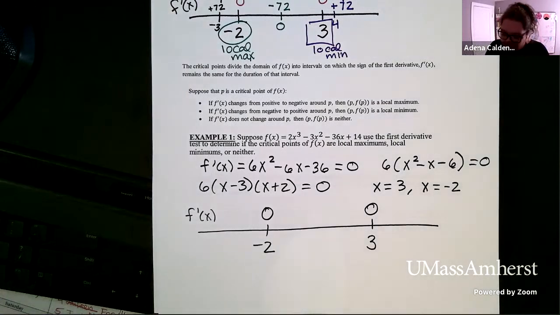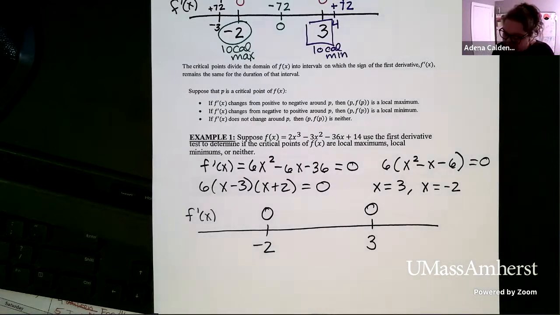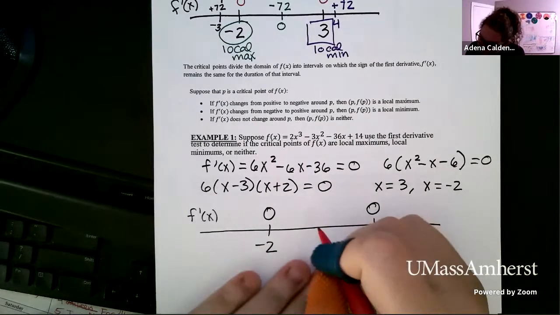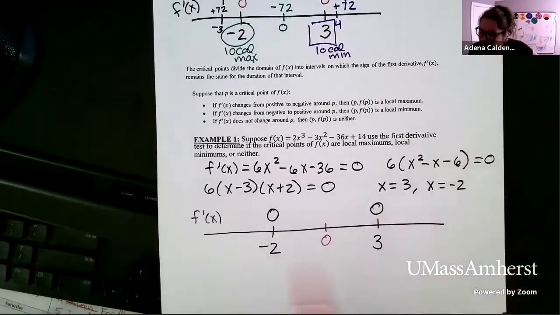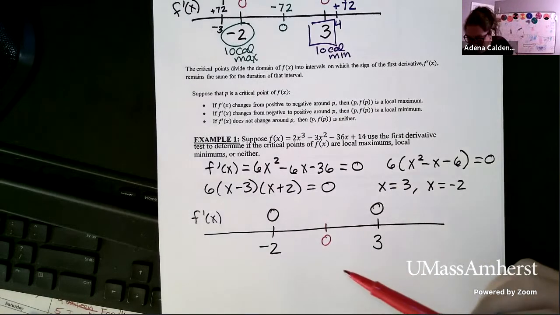So one thing I want to point out is another way that you might approach this. It's completely up to you. But what you can do is you can look at the factors and just look at the signs instead of plugging something all the way in, if you prefer to do that.